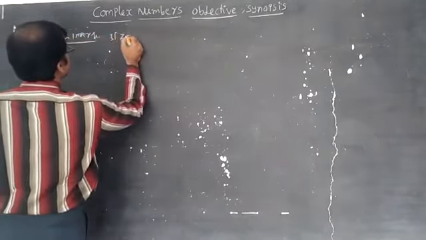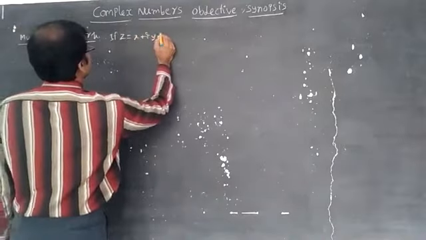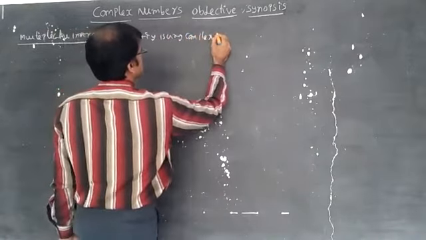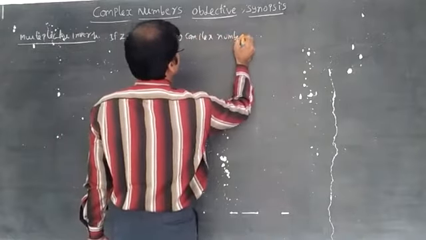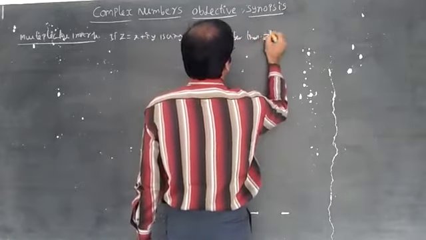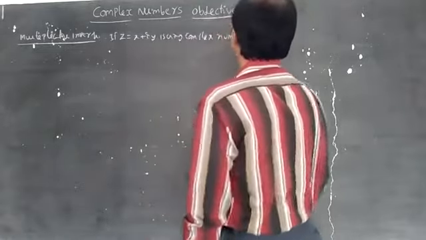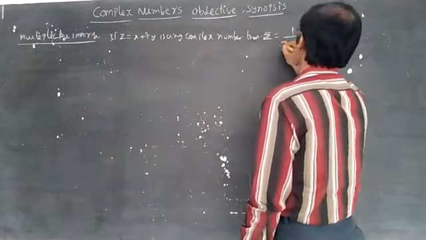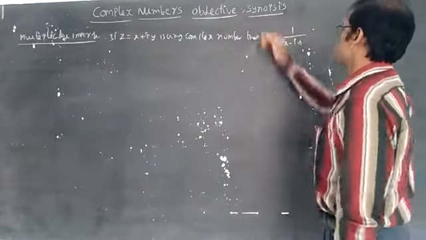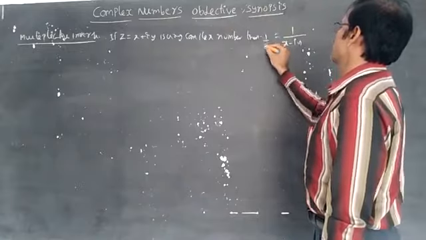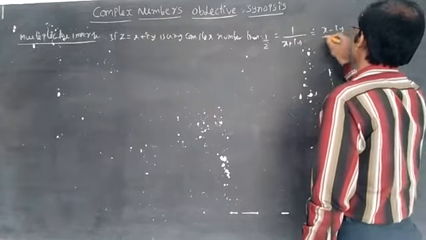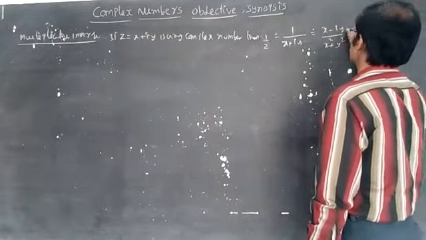If z is equal to x plus iy is any complex number, then, not z bar, let us write 1 by z. 1 by z is equal to 1 by x plus iy. So you can write this as x minus iy by x square plus y square.